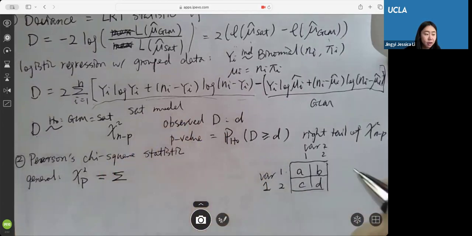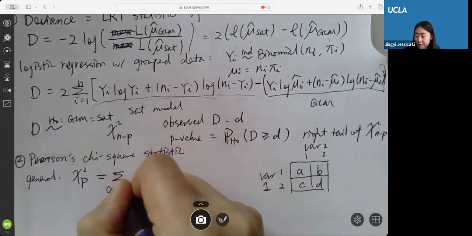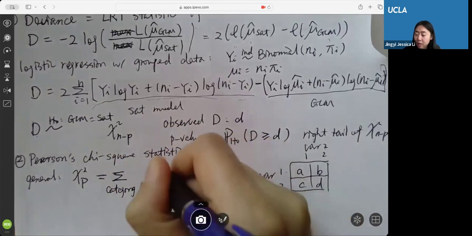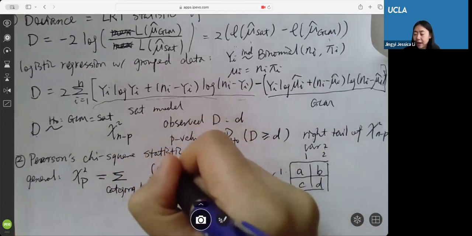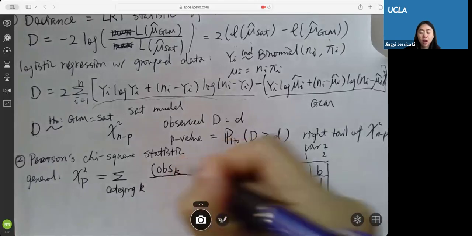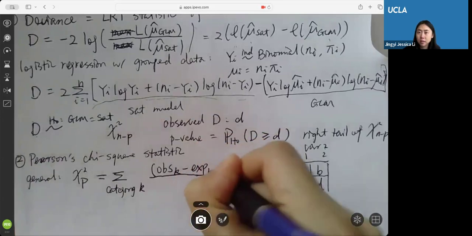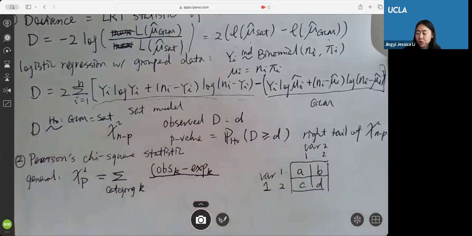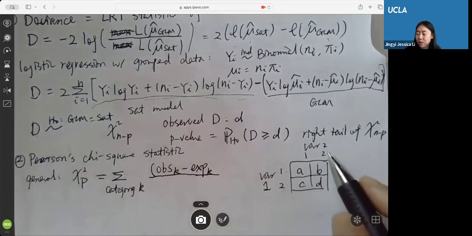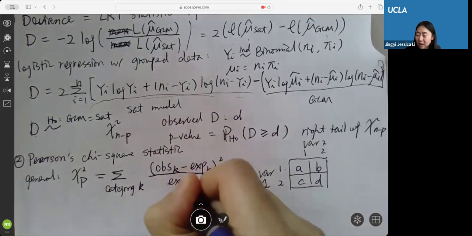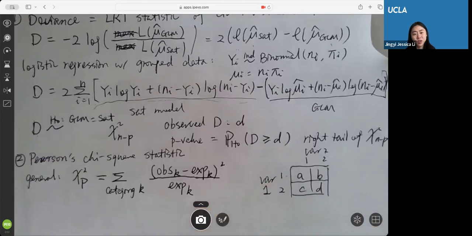If we have multiple categories, we sum over all categories, and for each category K, we compare the count we observed in that category, observed K, minus the expected value of that category under our null hypothesis, under our assumption that variable 1 and variable 2 are independent. Take the square of it and normalize that by the expected value under category K. So this is the general definition of Pearson's chi-square statistic.